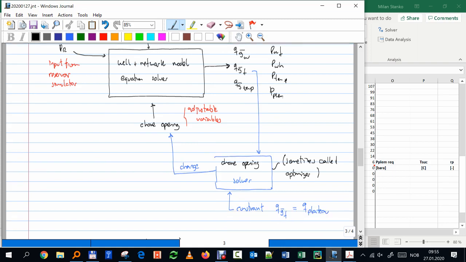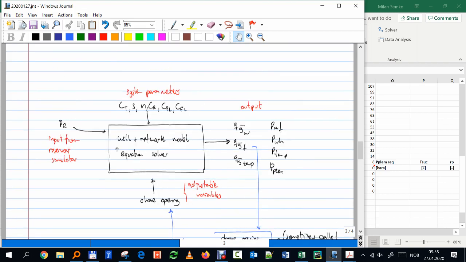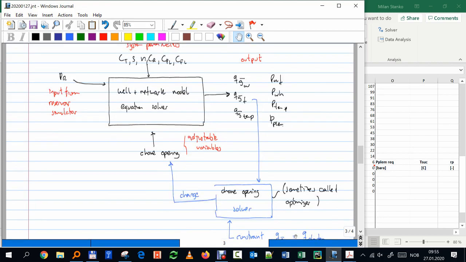I give a constraint: the Q of the field has to be equal to plateau. Then the solver is going to change the opening, run the model, read the result, and see if it's equal or not. If it's equal, it stops. If it's not equal, it tries a new opening, and the process is repeated again.